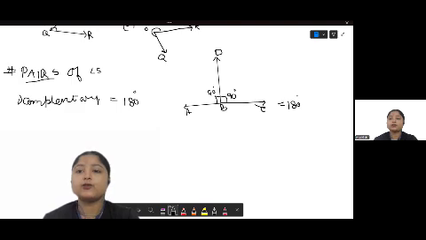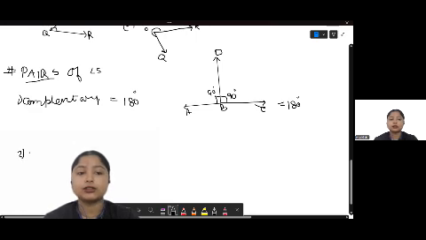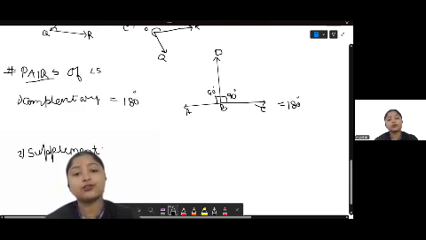Now, let's move on to the next part, that is supplementary angles. Supplementary angles, next pair. It is the type of angle pair where the sum should be 360 degrees.